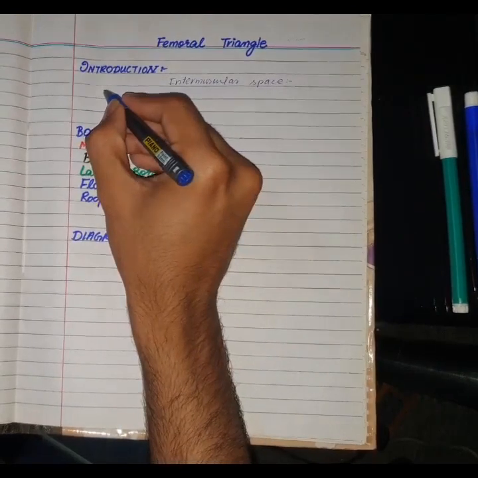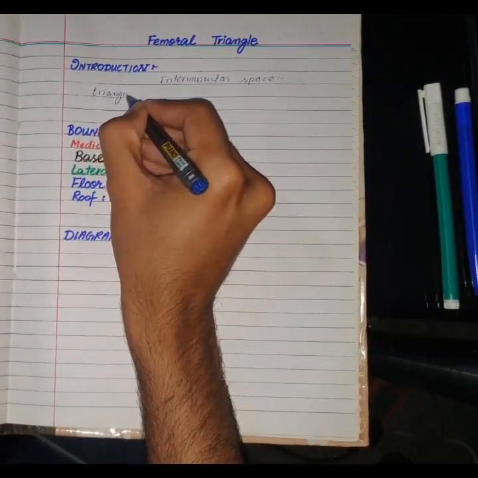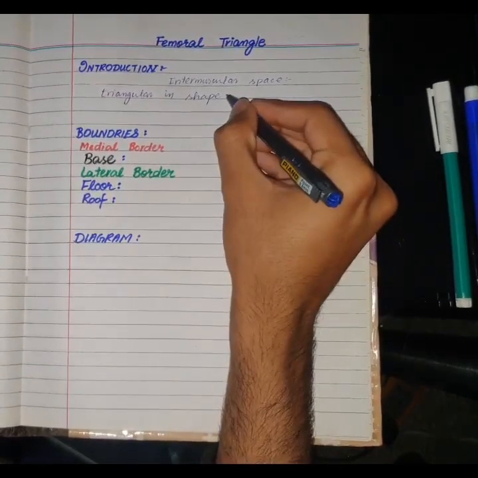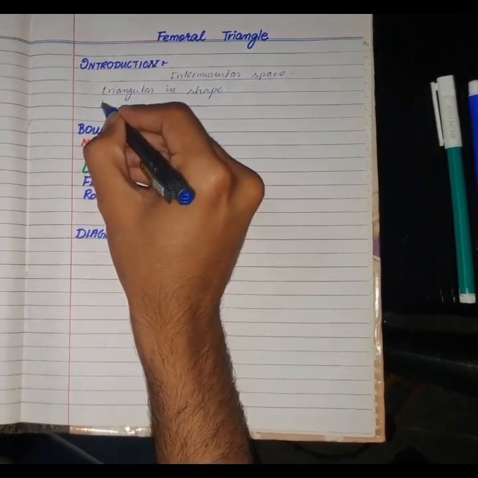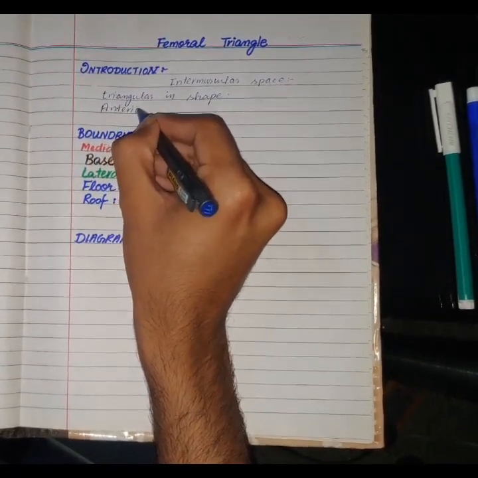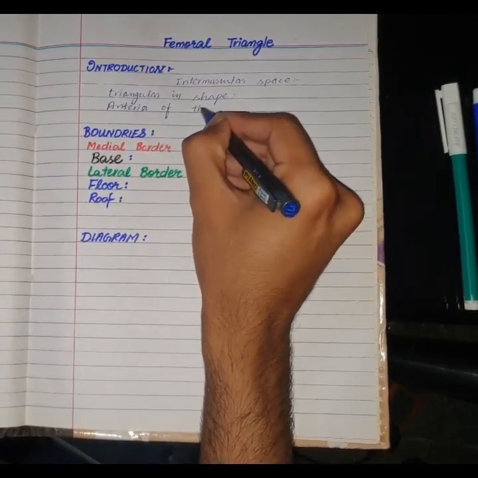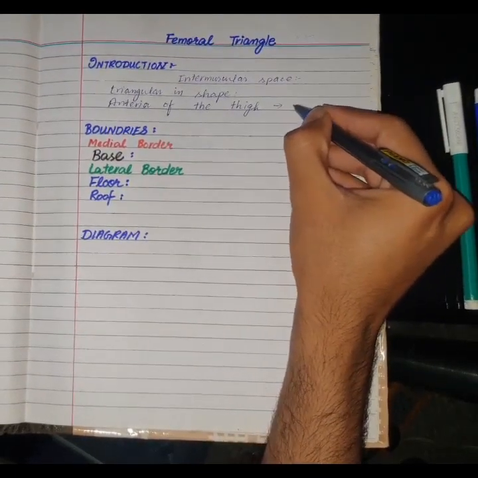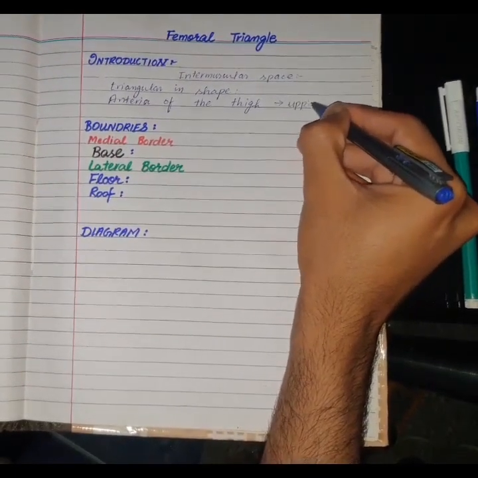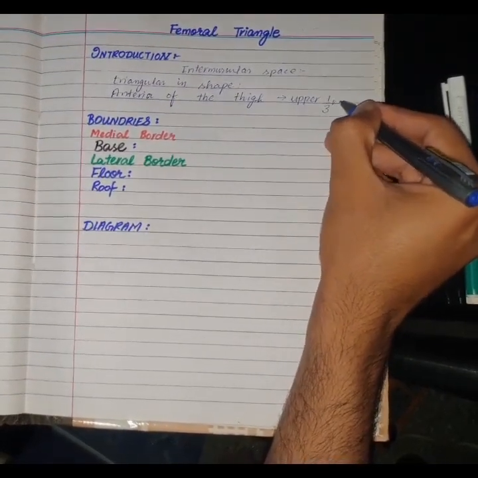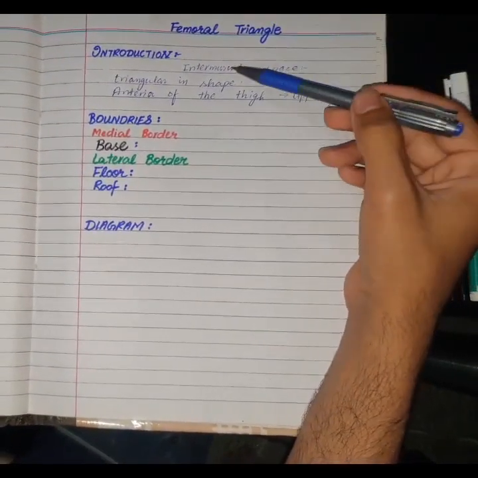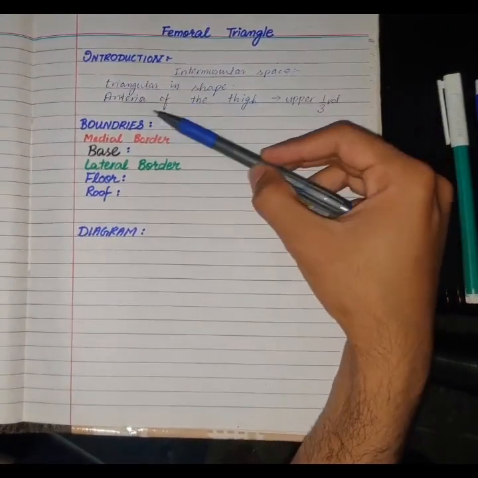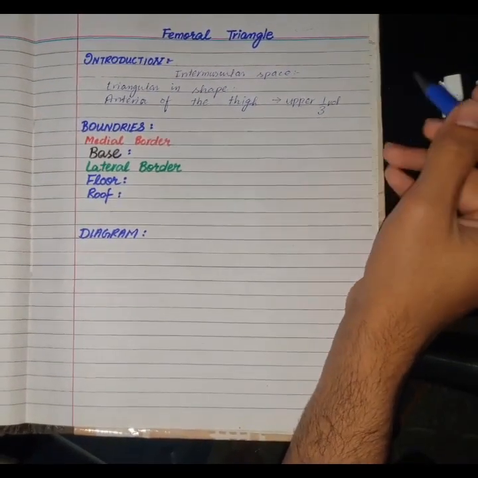That is triangular in shape, present at anterior of the thigh in its upper 1/3. So what is femoral triangle? It is an intermuscular space that is triangular in shape and present anterior of the thigh in its upper 1/3.